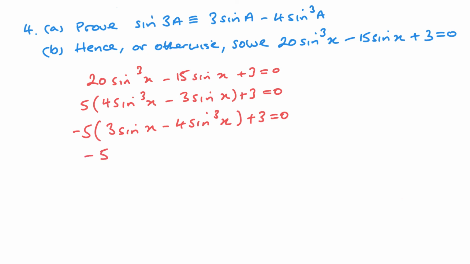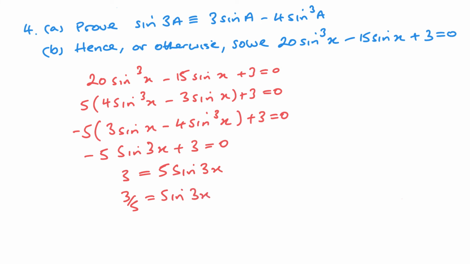So we get minus 5 multiplied by sine, now instead of 3a, it would be 3x, plus 3 equals 0. Now add in 5 sine 3x gives me this, and then dividing by 5 means that I get that my sine 3x is equal to 3/5.